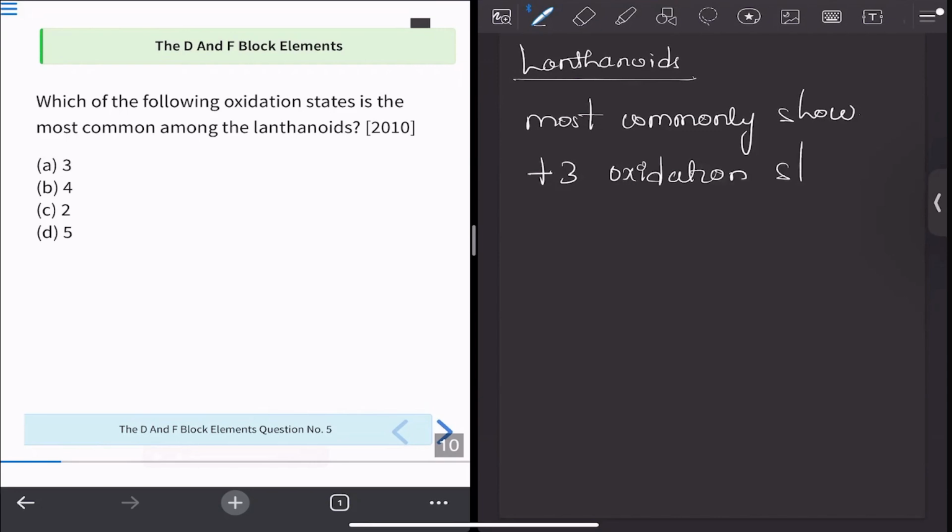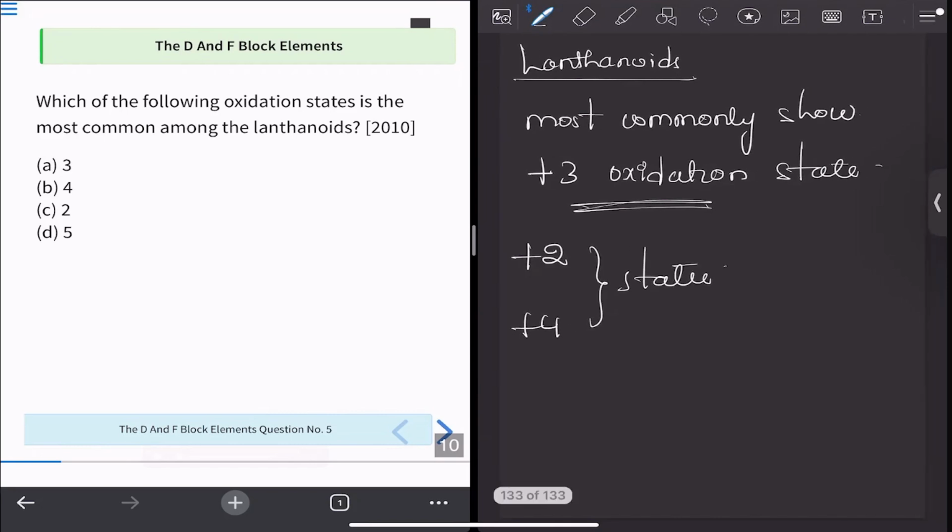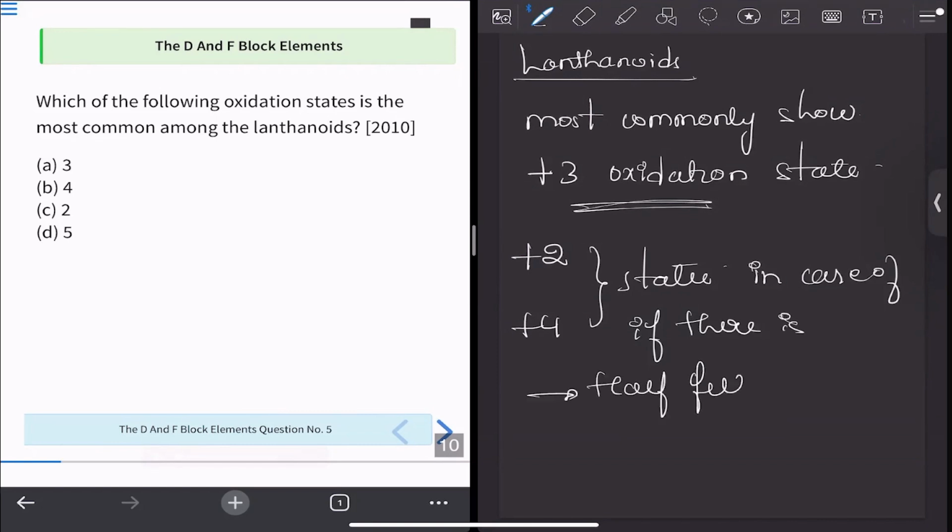They can also show +2 and +4 states. The +4 state occurs if there is a half filled or fully filled configuration.